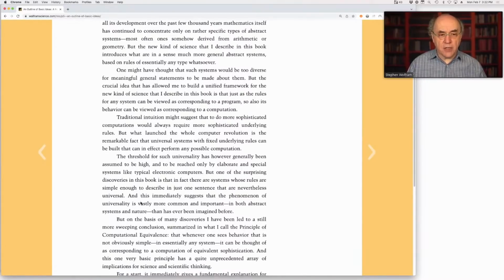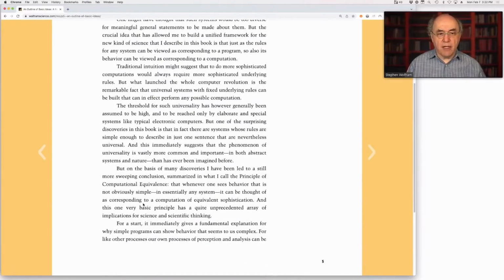But I go on here to say, and this is in many ways what I view as being a punchline of the science that is a new kind of science, I say, but on the basis of many discoveries, I have been led to a still more sweeping conclusion, summarized in what I call the principle of computational equivalence, that whenever one sees behavior that is not obviously simple in essentially any system, it can be thought of as corresponding to a computation of equivalent sophistication.